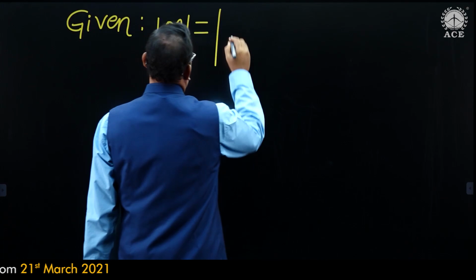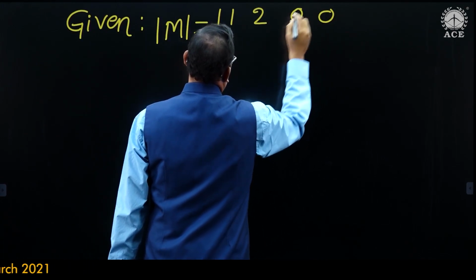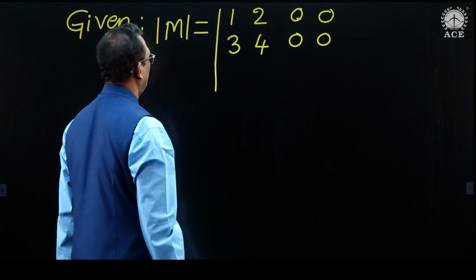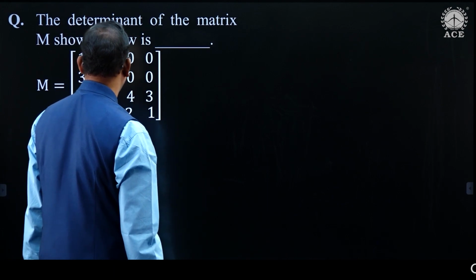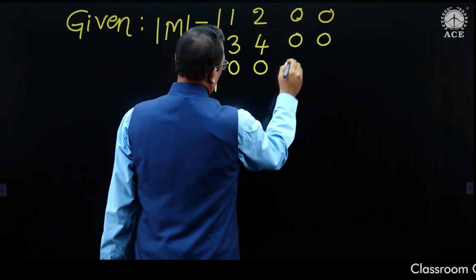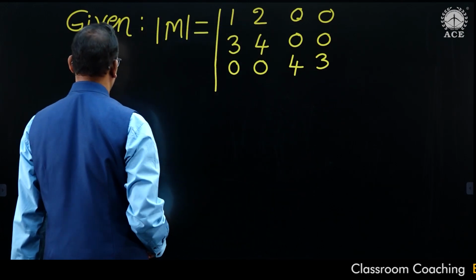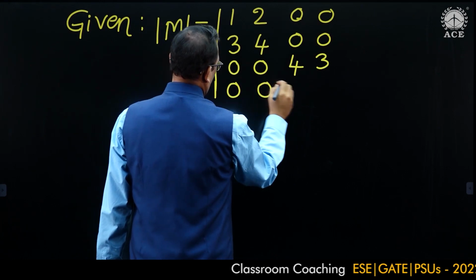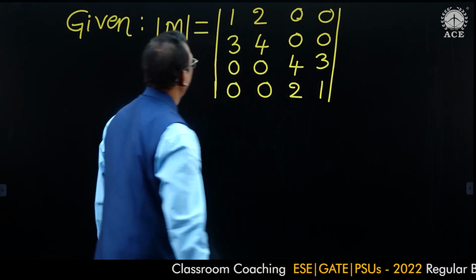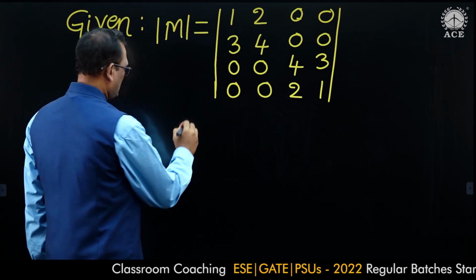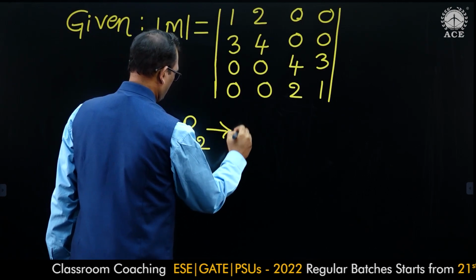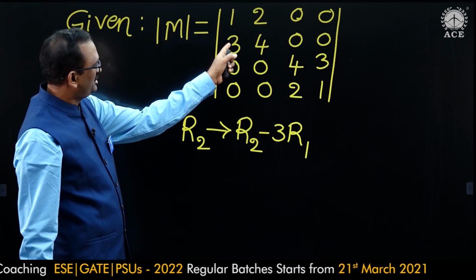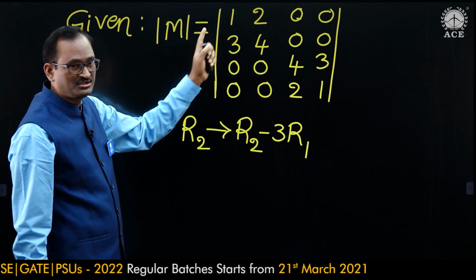M is equal to the matrix with rows: 1 2 0 0; 3 4 0 0; 0 0 4 3; 0 0 2 1. Now we can do like this: second row minus 3 times the first row, then it becomes 3 minus 3 into 1, so this element becomes 0.